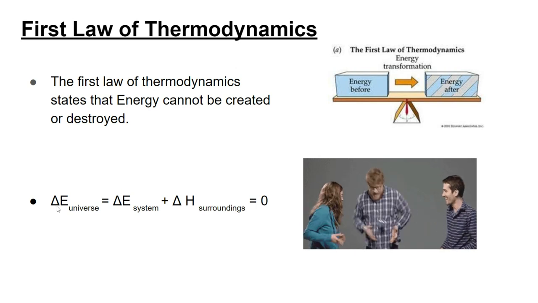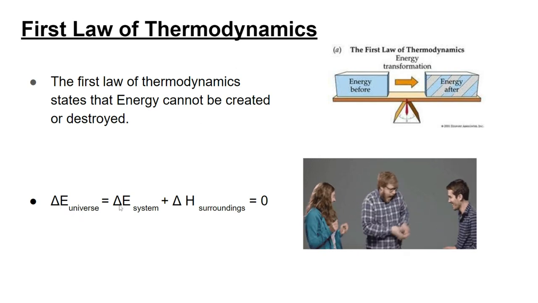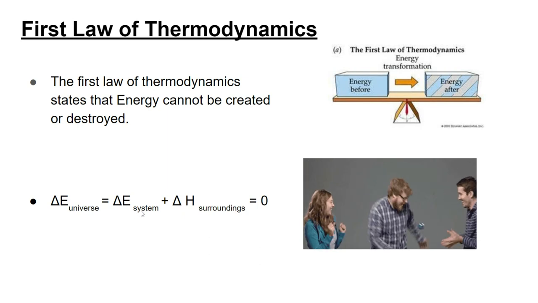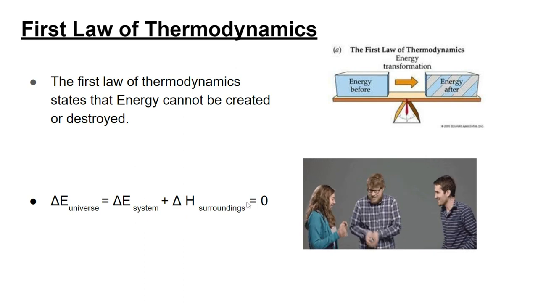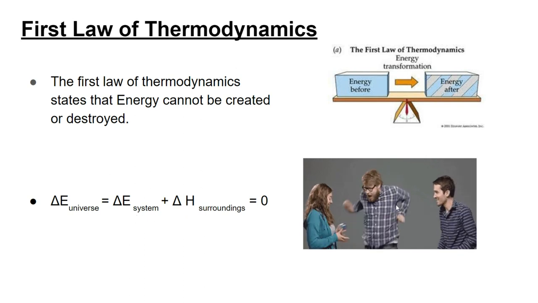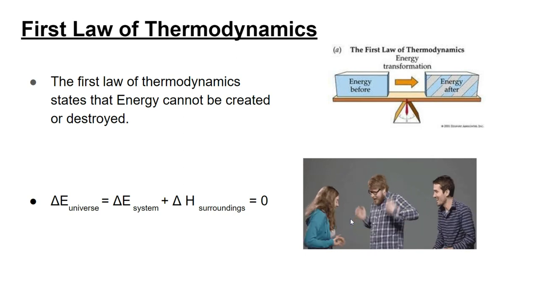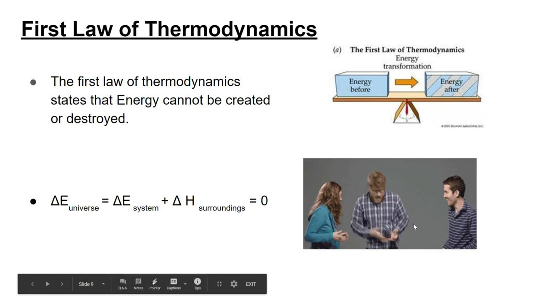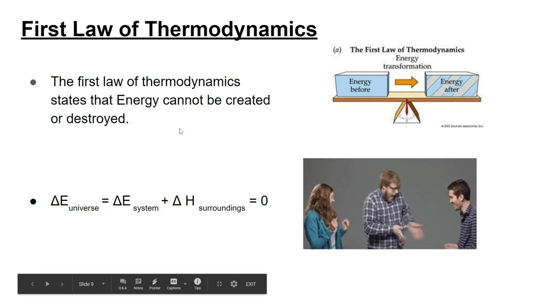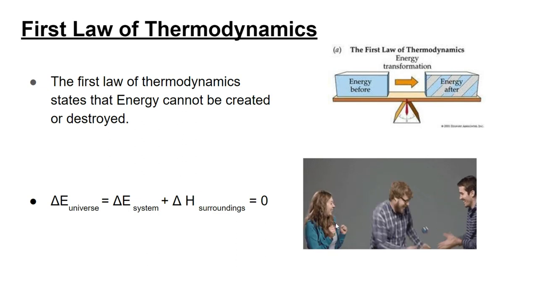So the change in the total energy of the universe is the change in the system energy plus the change in the energy of the surroundings, and the sum of the two will always be equal to zero. If you look at the guy transferring the hot packet, he can keep on transferring continuously, but energy cannot be created or destroyed. The heat can be transferred from one form to another.